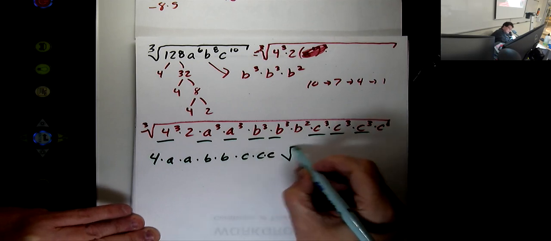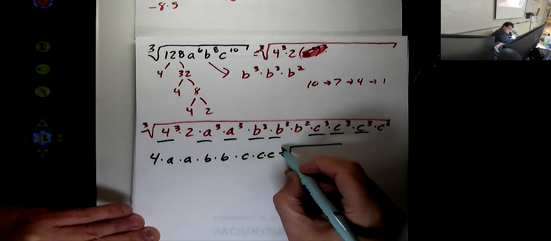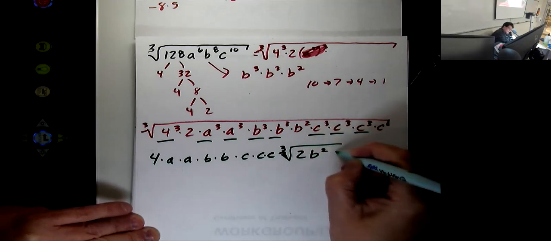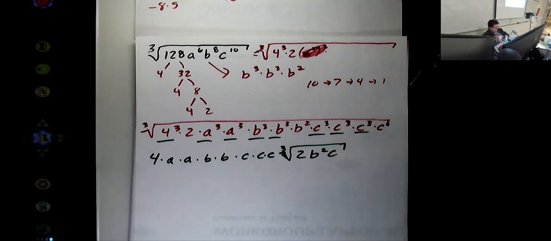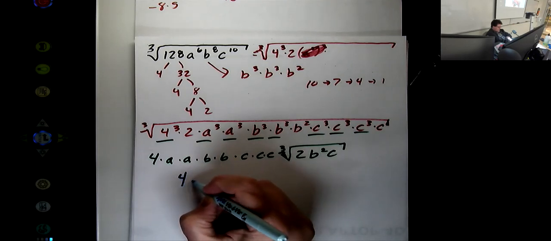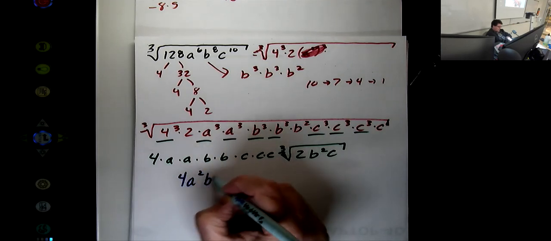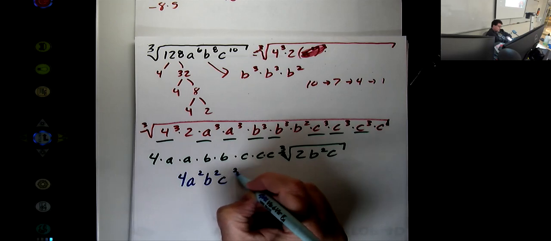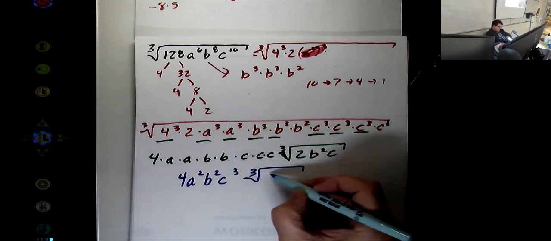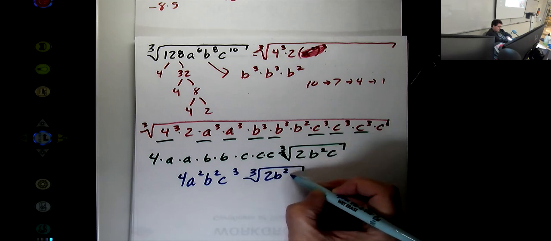And what's left on the inside is I've got a 2, and I've got a b squared, and I've got a c. So to clean that all up, I've got 4 a squared, b squared, c cubed times the cube root of 2b squared c.